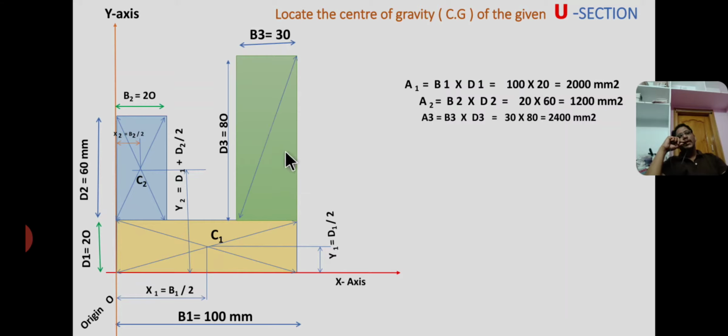Now I am drawing the diagonals for third section. C3 is the centroid of a third section at a distance of x3 equal to total base minus half of the base. So total base of a bottom rectangle equal to 100 mm. So 100 mm minus this value, that is 15 mm.